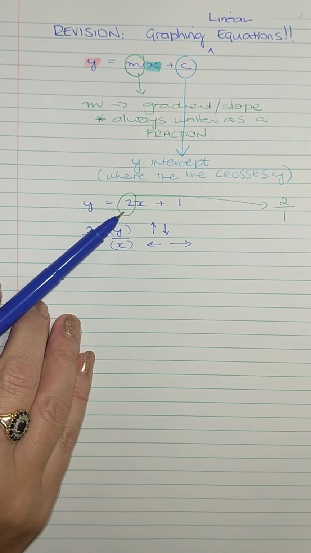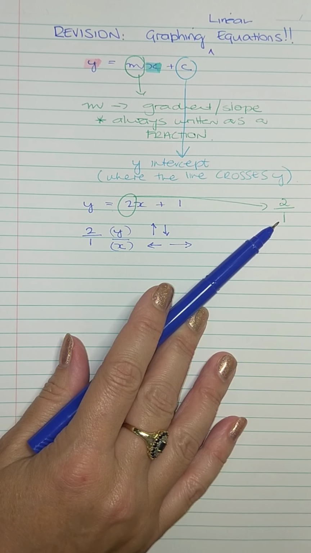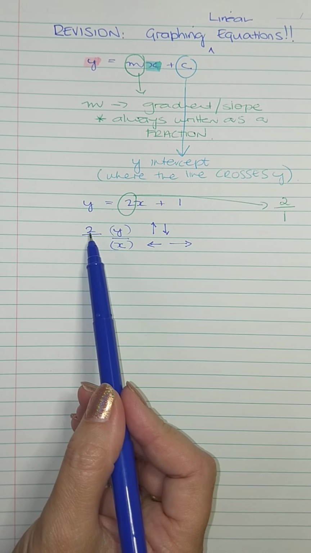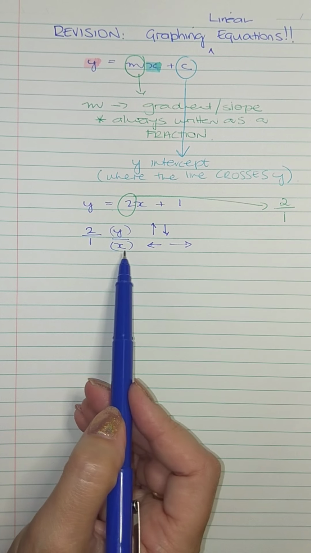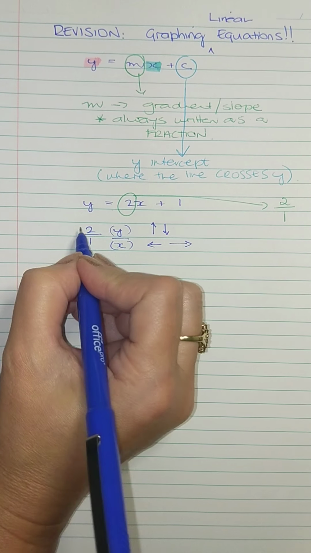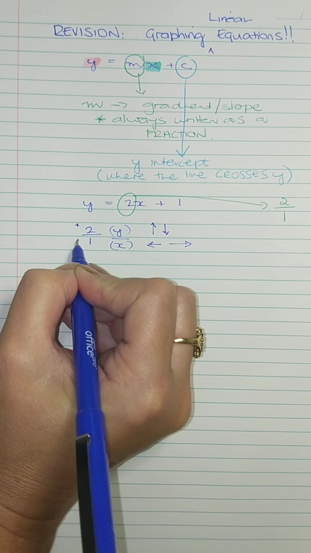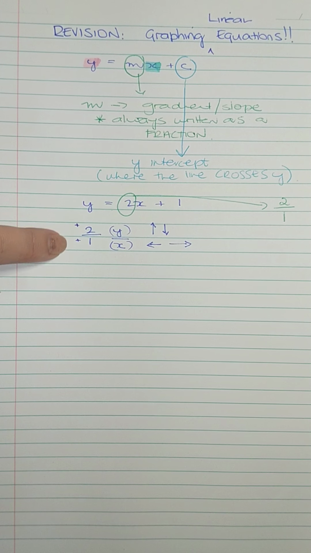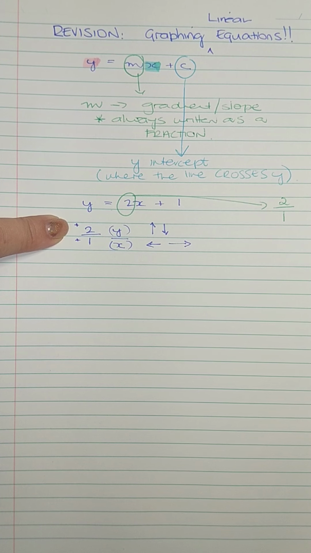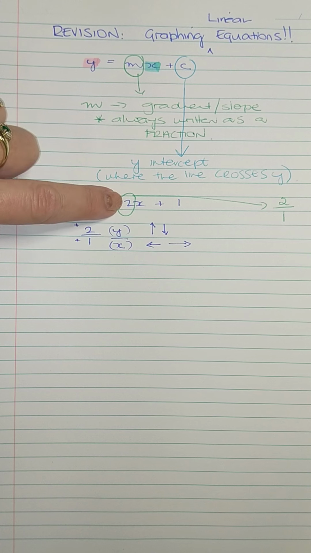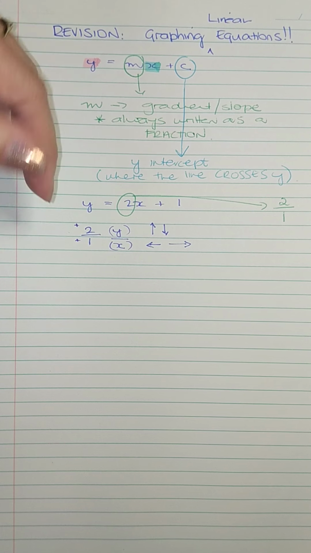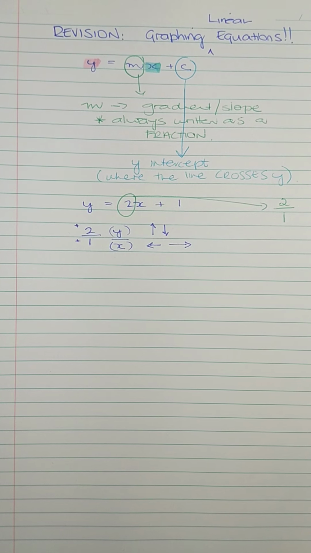So the gradient 2, or 2 over 1, is going to tell us to go up 2 and across 1. Now, we know that it's going to be both in the positive direction because these numbers are actually positive, okay? If this number here was a negative 2, we would be going down. Perfect.